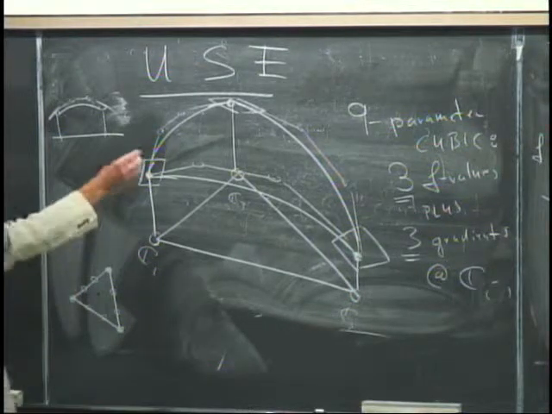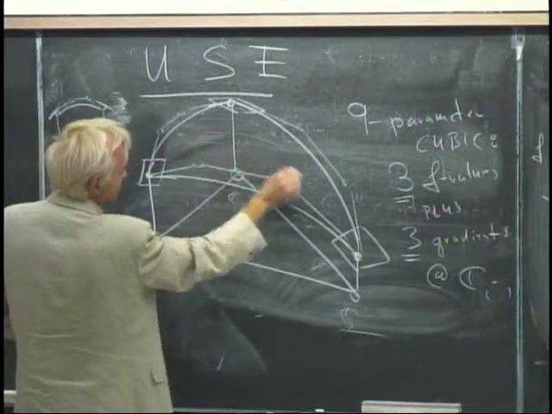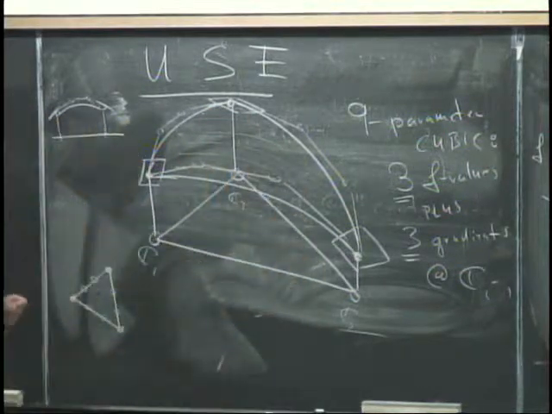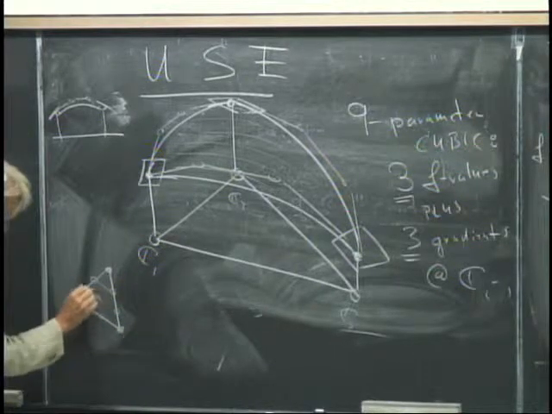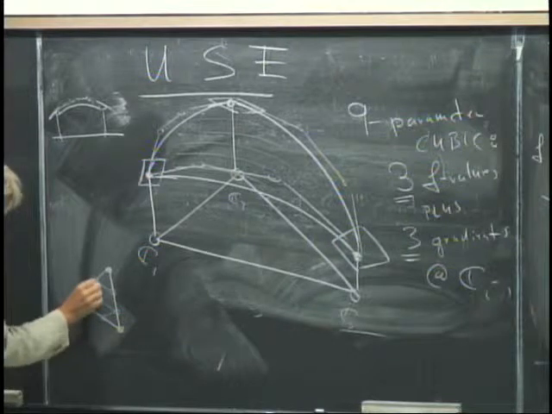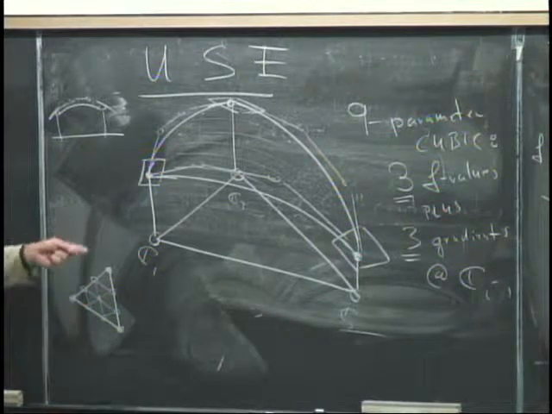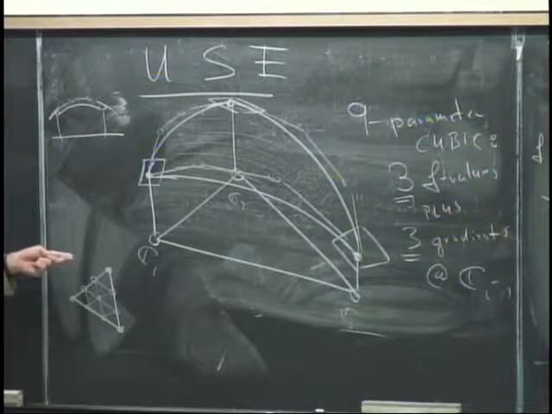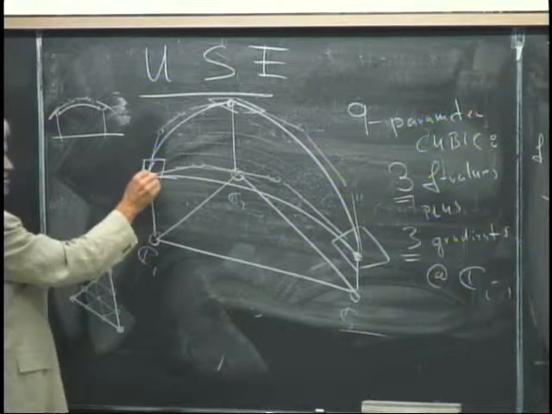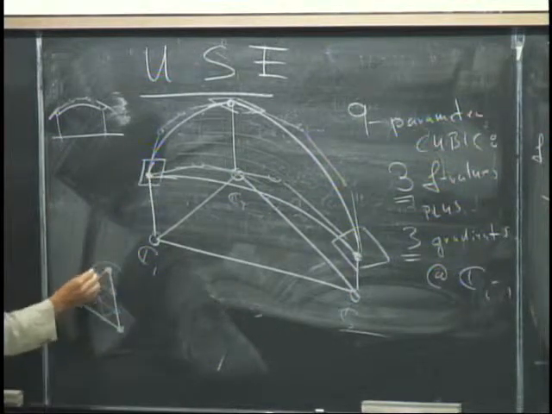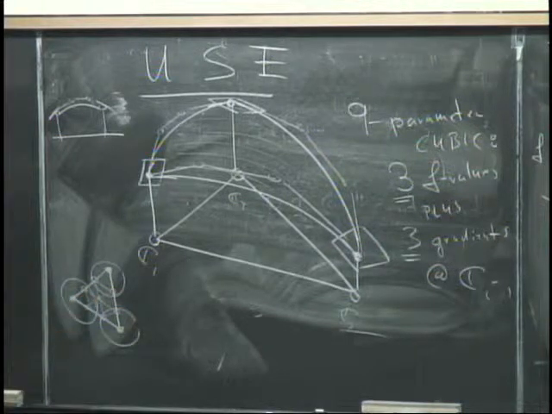Because a Bezier patch of this nature requires also a Bezier point to live there, to have this structure ultimately. So I need this one in the middle, which is, what is it? Is it implied or is it specified by something? No, it's not specified, because the values and the tangent planes of the gradients only imply the information around the 3 corners, but not the stuff in the middle.